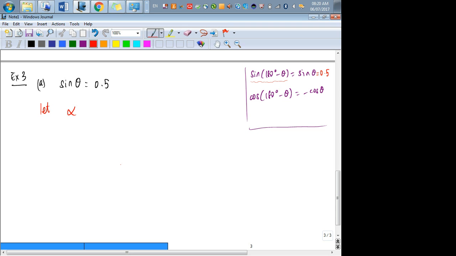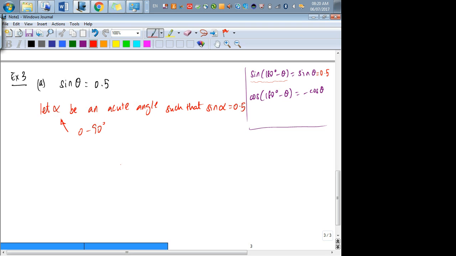So let alpha be an acute angle, meaning it is from 0 to 90 degrees. Okay? Such that sine alpha equals to 0.5.